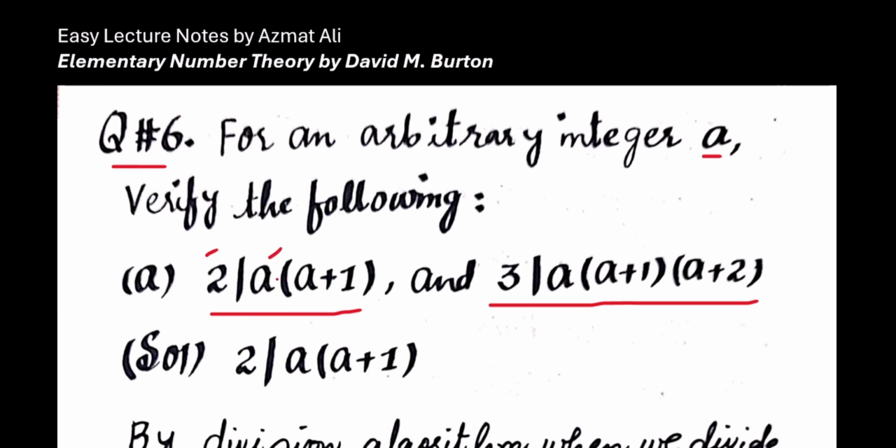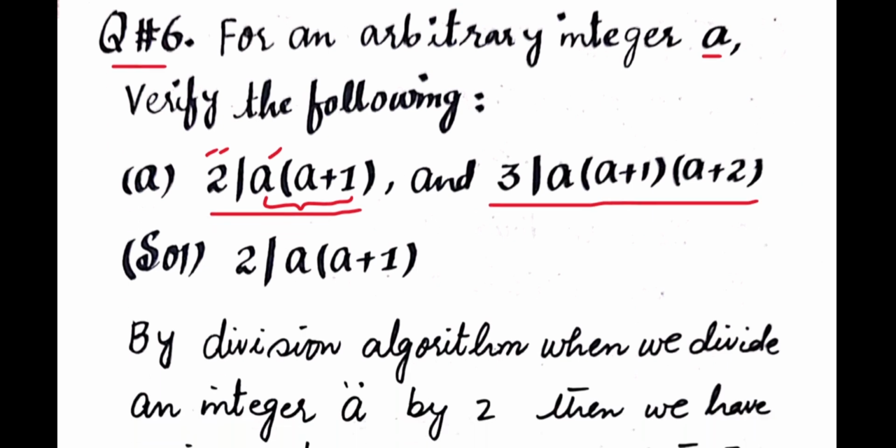If a is the first integer, then a plus 1 will be the second integer. So this is the product of two consecutive integers, and it also shows that the product of two consecutive integers is always an even integer. That's why it is divisible by 2. So let us verify this divisibility.